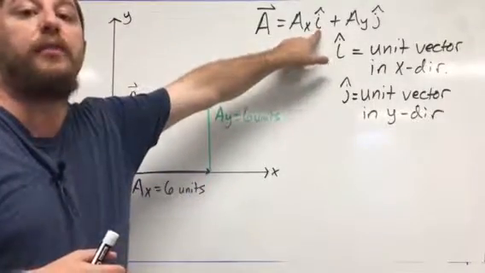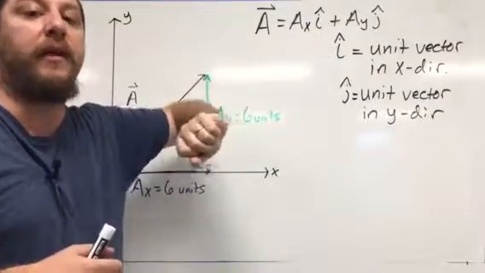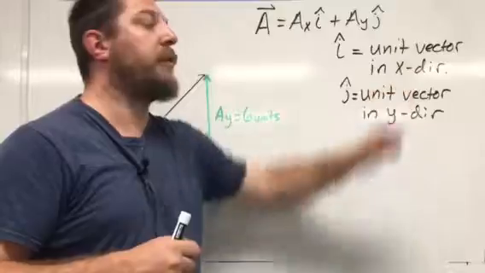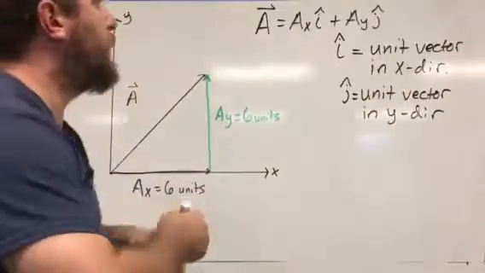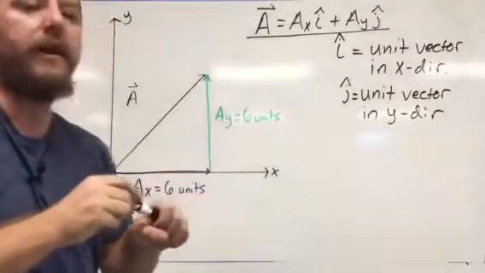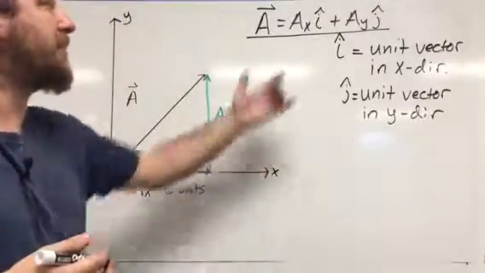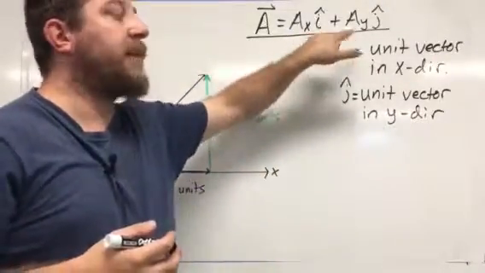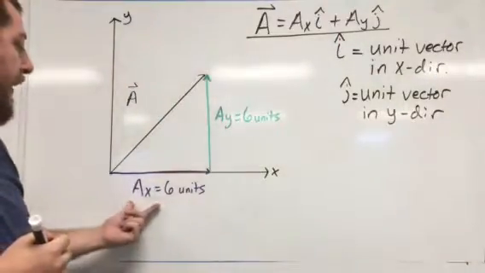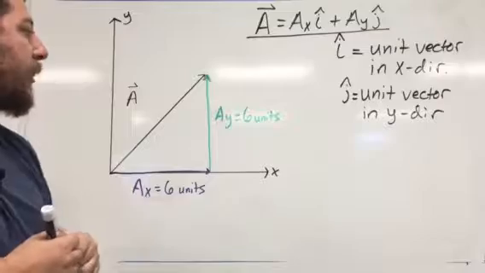Its direction is put in by the unit vector here, or the direction of ay is put in by the unit vector here. Okay, so we can write a vector in this form, right? A vector is simply the sum of its x and its y components, which I have labeled here. So we have ax and we have ay here.